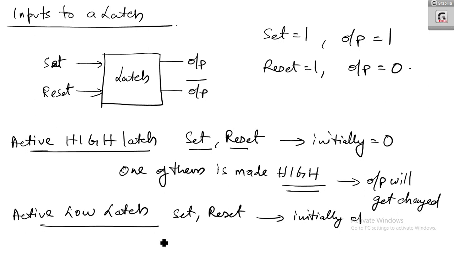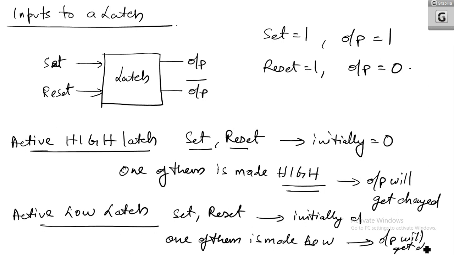And if one of them is made low, that is made to 0, then the output will get changed. In this case, that is active low latch, what you can have is when set is equal to 1 you can make output as 0, and when reset is equal to 1 you can make output as 1.